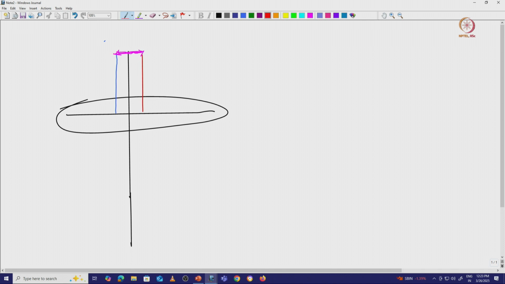So in one particular part we are drawing using all blue colors. Here there is a possibility that a ray can come in this direction also, right.